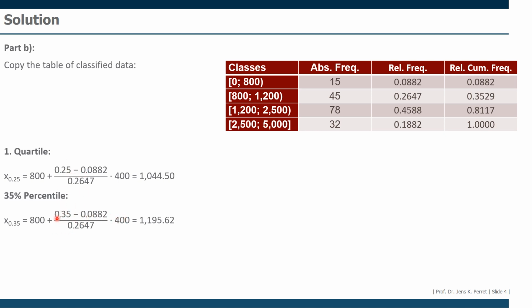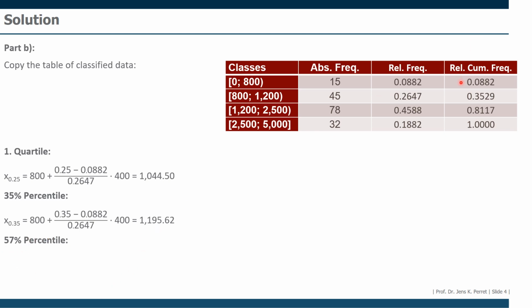Here we're going to write 0.35 because we're working with the 35% percentile. The rest stays the same, so as an end result we get 1195.62.